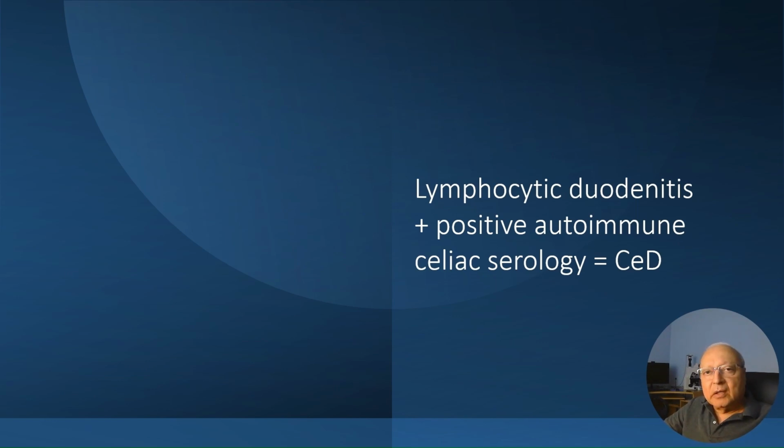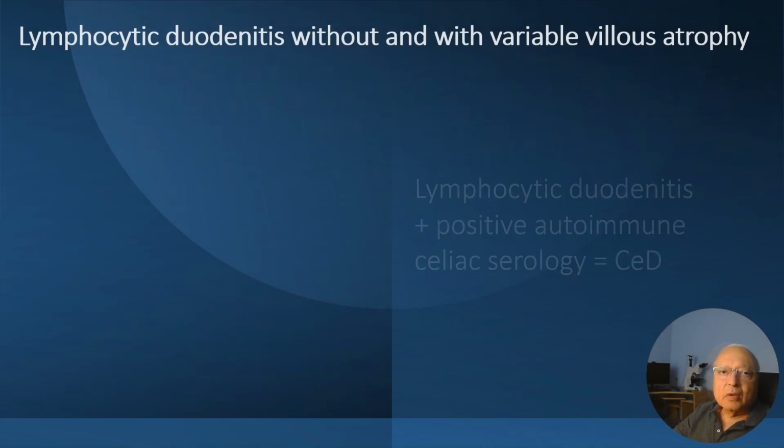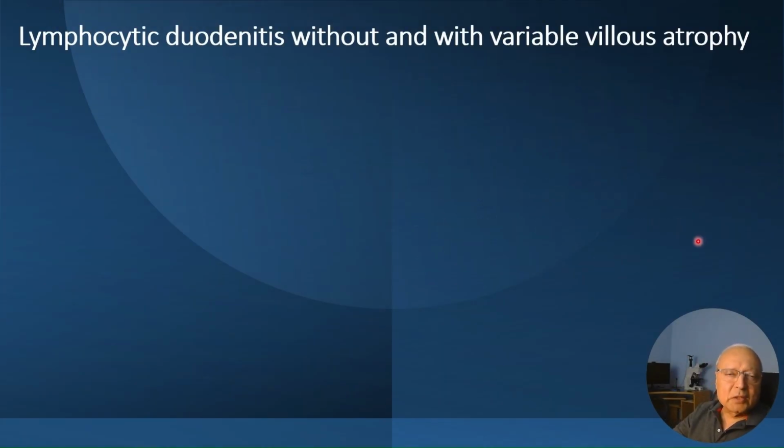But coupled with that is the positive autoimmune serology that is related to celiac. When you have that combination, you have celiac disease. Let us go through what is lymphocytic duodenitis and how celiac disease may look, whether there are shortened villi or not so shortened villi.